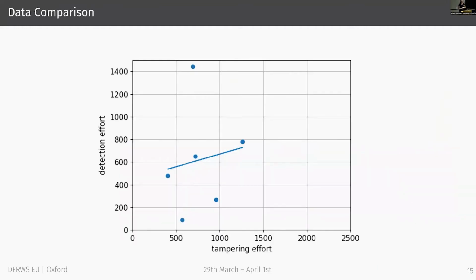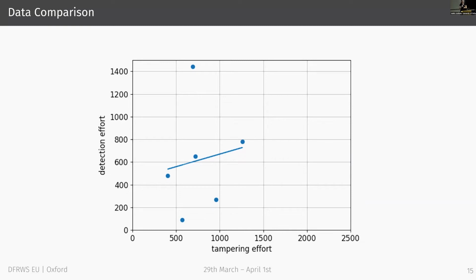Okay, let's have a look at some data. I will show you some more plots after this slide, but just to explain the plot a little bit. You can see here one of the student experiments. The plot depicts the forgeries which were analyzed.